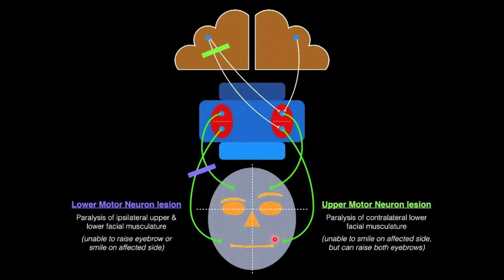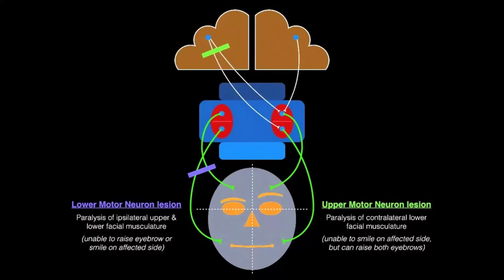Do you guys know if it's going to be a spastic or a flaccid type of paralysis? Link back to your spinal cord. Would it be flaccid or spastic paralysis?